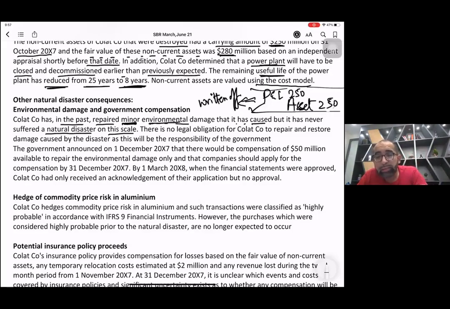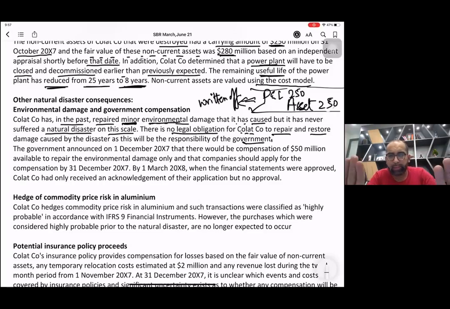But this type of natural disaster is a first-time event, so no past history of such an event with us. So no more constructive obligation now. There is no legal obligation for Collard Company to repair and restore the damage caused by the disaster, as this will be the responsibility of the government. That's it.